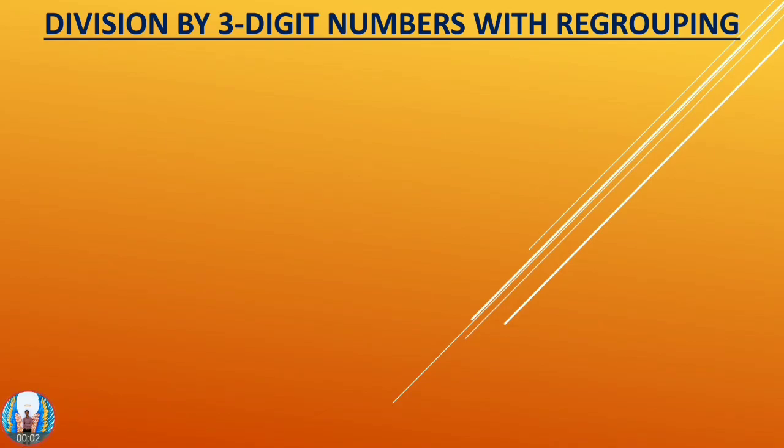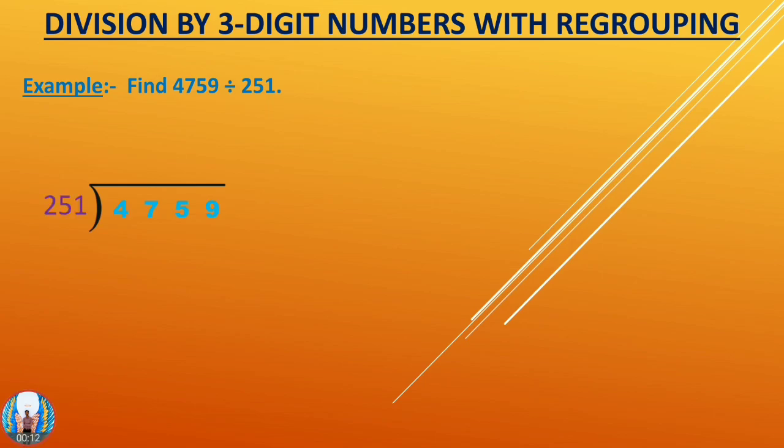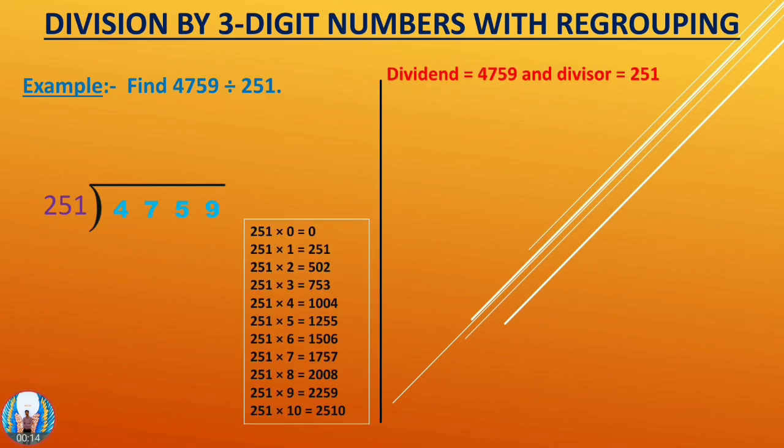Division by 3-digit numbers with regrouping. Example: 4759 divided by 251. So we will write the table of 251. Then here the divisor is a 3-digit number, so we will take 3 digits to divide, that is 475. 475 comes in between 251 and 502.